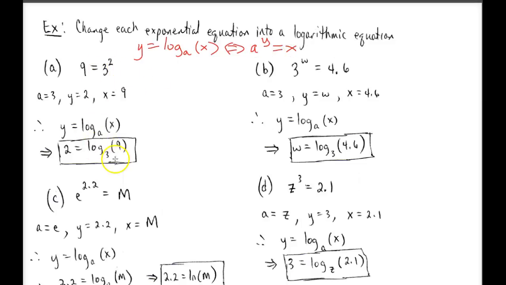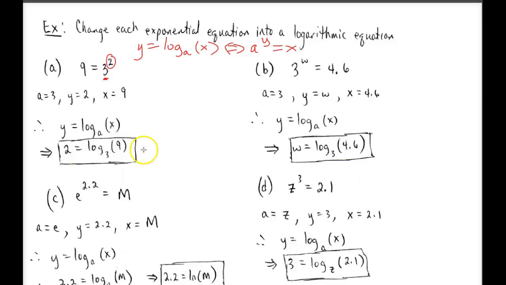So for this first one, we know that 3 is our base, so that's always A, and 2 is Y, so that'll always be our exponent. So we have Y equals log base A of X.